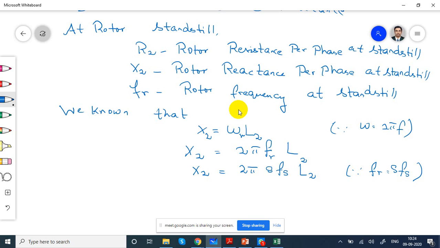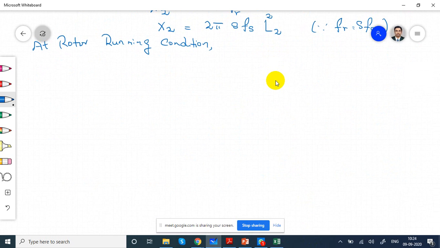In the same way, we are going to do it for the rotor in running condition. You can take this as equation number 1. At running condition, what is the notation?